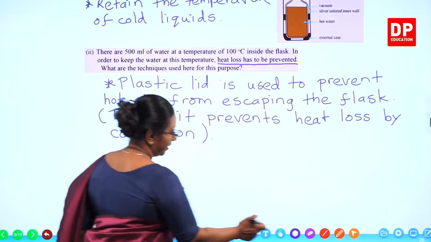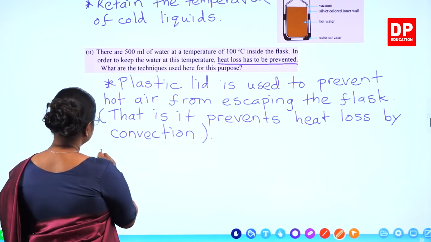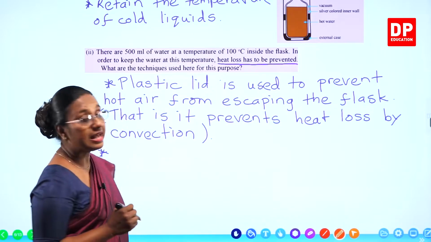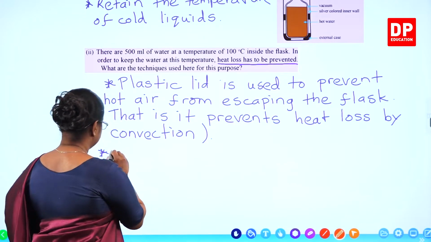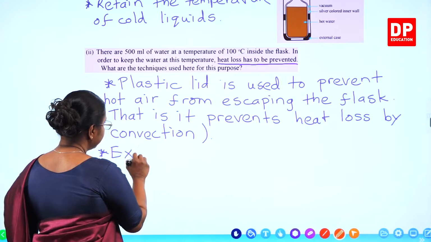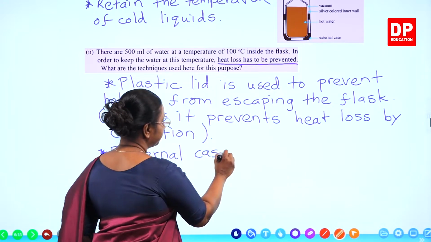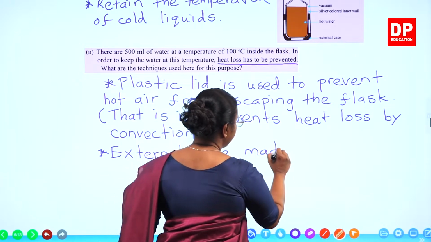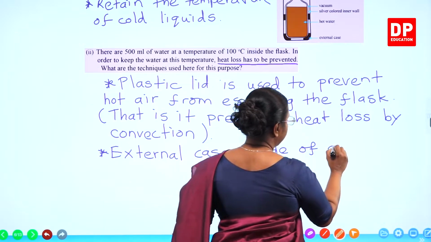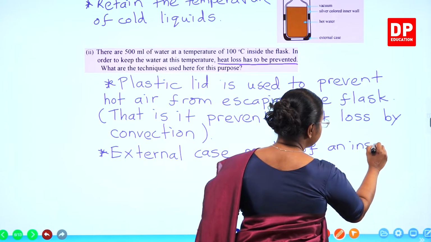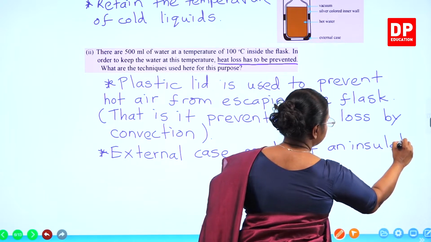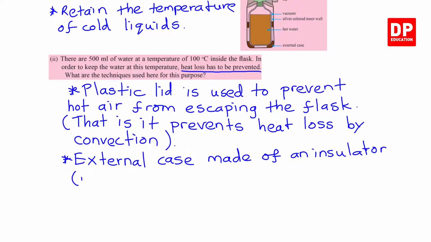What is the next technique? Again, there is an external case. So, external case made of an insulator. Here we can say again plastic.